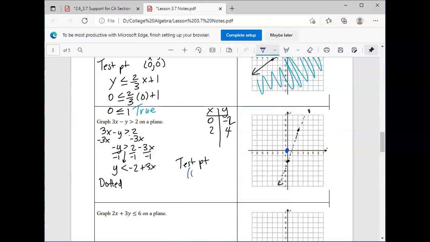Yes, because 0, 0 is not on that dashed line, so we're good to use 0, 0. It doesn't matter which equation we plug it into. I'm just going back to the original one. So if I plug in 0 minus 0, is 0 greater than 2? No, right? 0 is not greater than 2. That's false. So that means I wouldn't color in that side of the line. I would want to color in the other side.